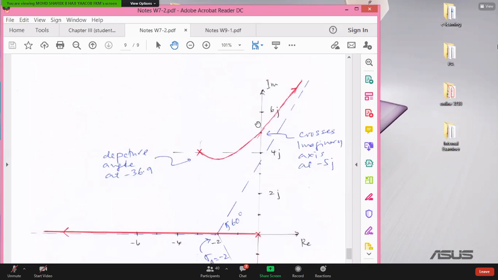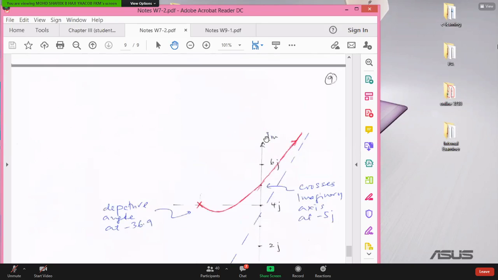So where does the locus cross the imaginary axis? We can determine that using the stability criterion. I cannot come up with the name. What is it?